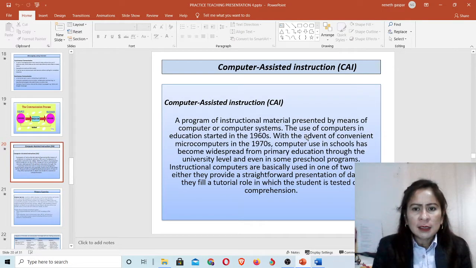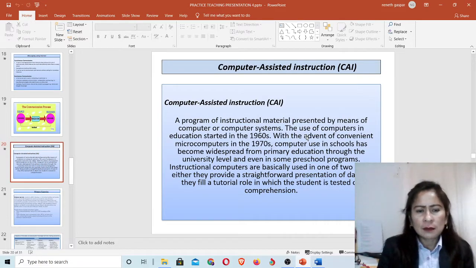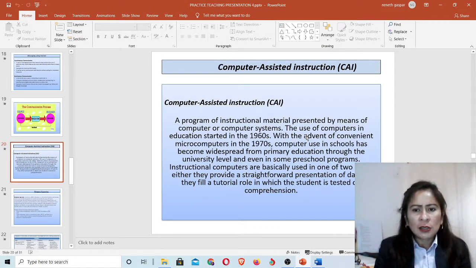Computer assisted instruction. What is computer assisted instruction? It is a program of instructional material presented by means of a computer or computer systems. The use of computers in education started in the 1960s, with the advent of convenient microcomputers in the 1970s.